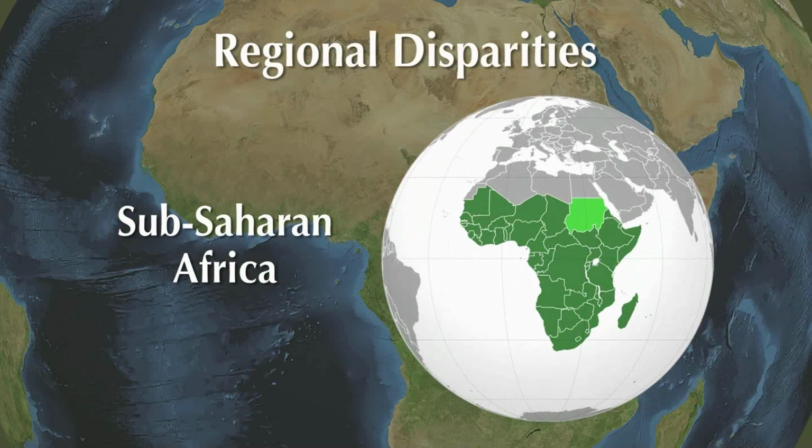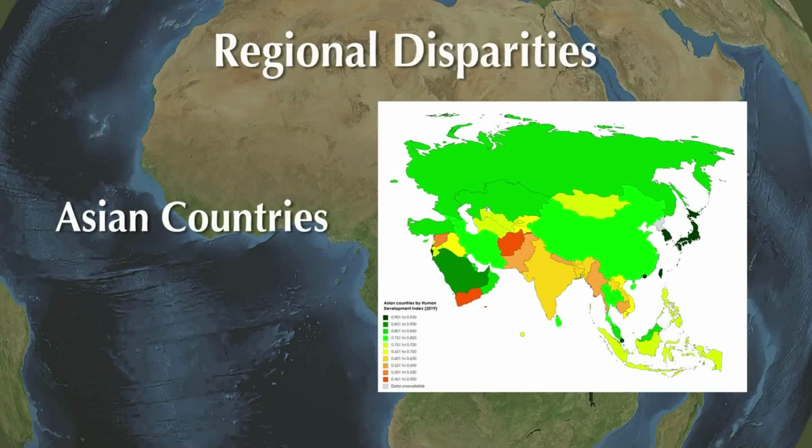Now, if you look globally, there are regional disparities. If we consider sub-Saharan Africa, there is the highest prevalence of undernourishment. There is a significant challenge to sub-Saharan Africa due to climate change and conflict. Another example is some of the countries in Asia where there is a large number of undernourished people.